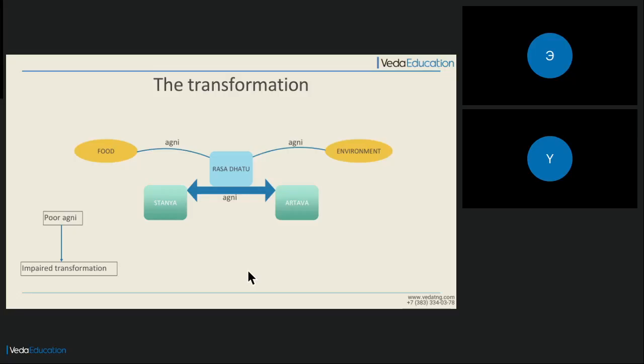And coming to this conversion of Rasadhatu to Stanya and Arthava as well, there is another Agni here, and this is a very important Agni because there is a lot of thought process. Stanya, or the breast milk, is produced on need basis only. So it is only for a very short period, and only in that time when there is a child of a certain age to feed.